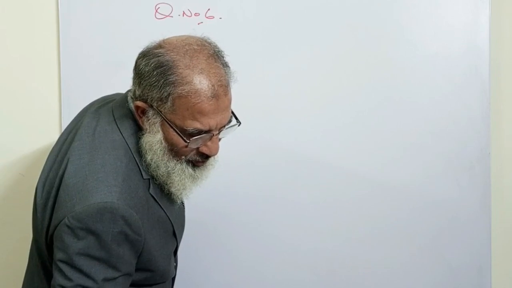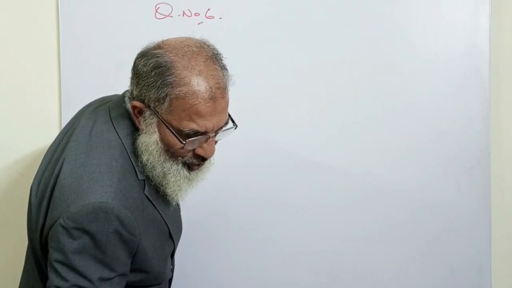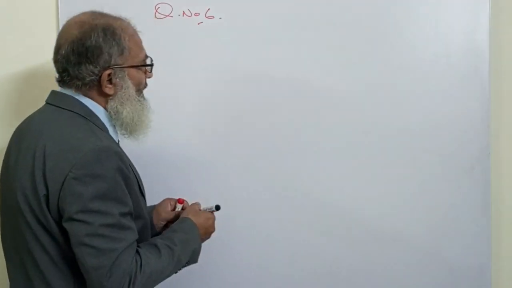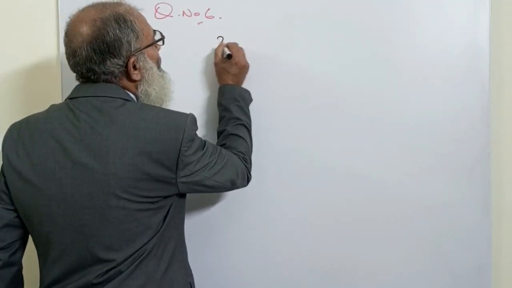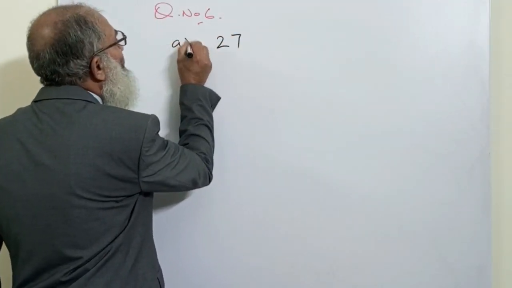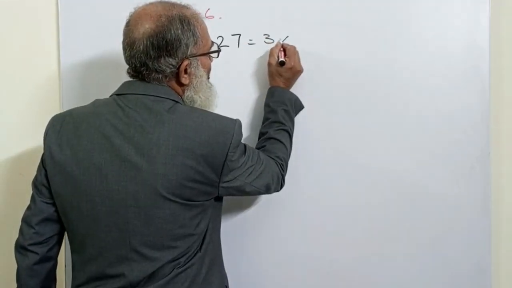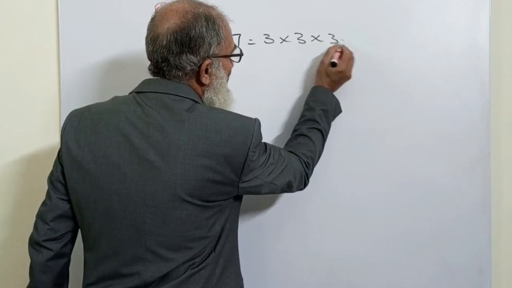It says to use the product of prime factors to find the cube roots of each number. Show your working. Now, in part A, 3 times 3 times 3.